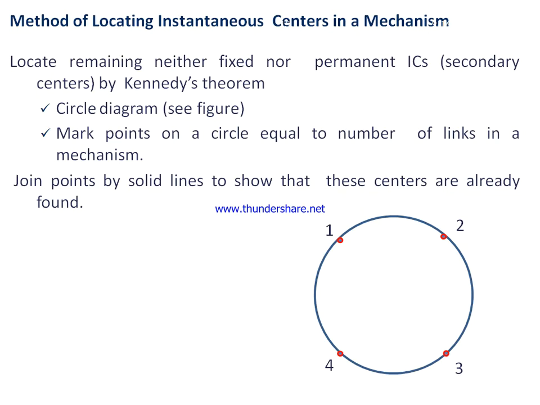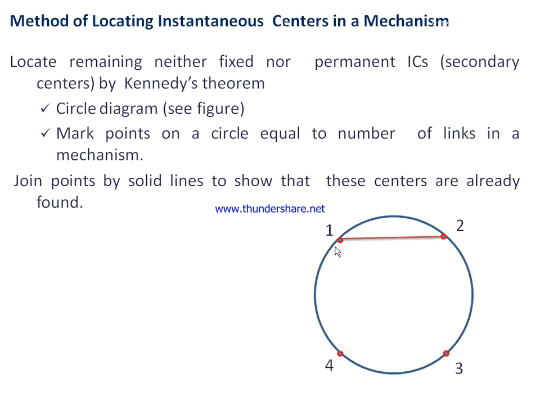On the circumference of the circle mark 4 points, preferably at equal distance. These represent link 1, link 2, link 3 and link 4.